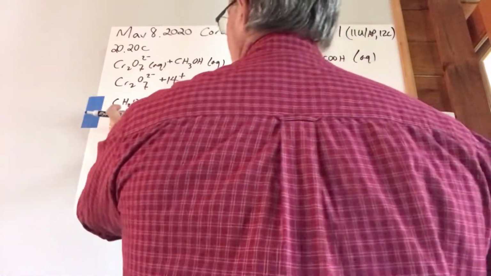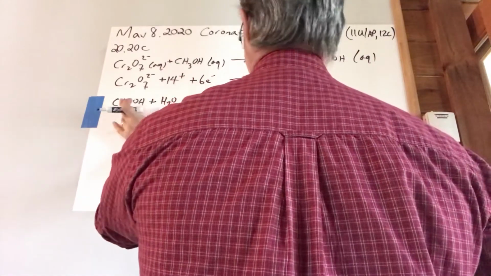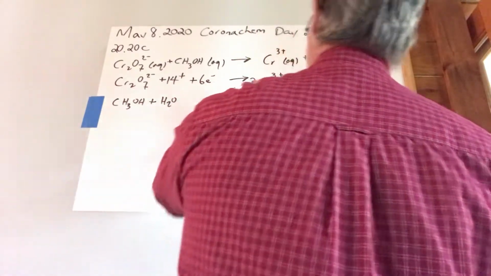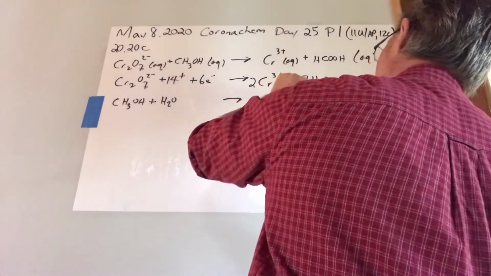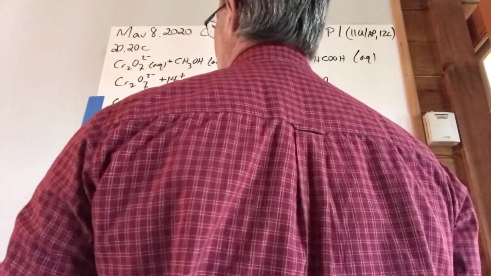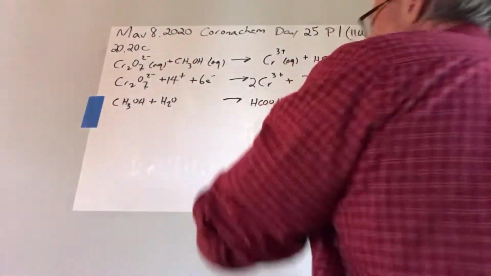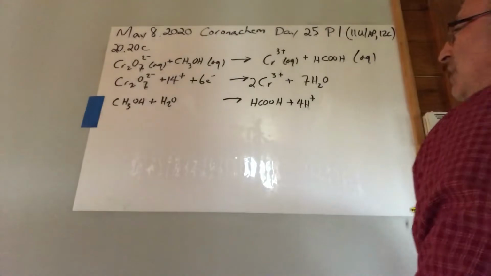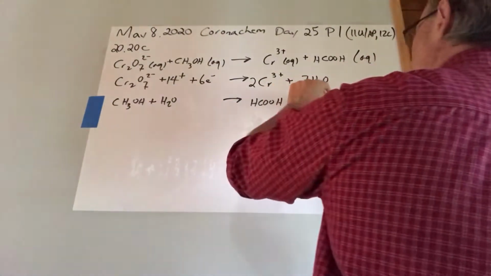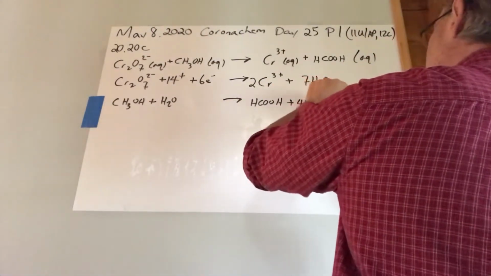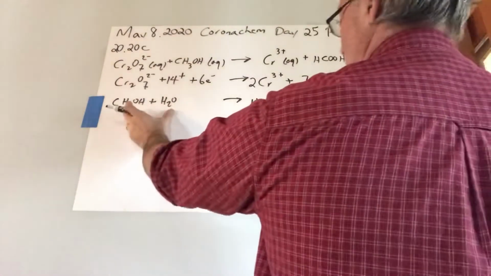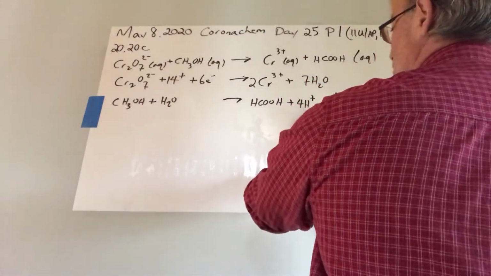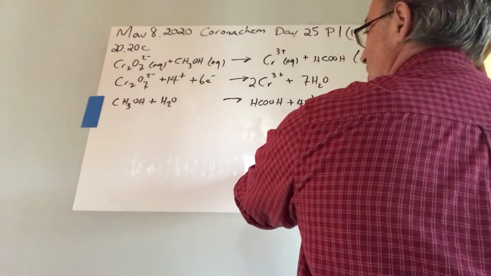Then you have 4 hydrogens plus 2 hydrogens. It's 6 hydrogens versus 2. So we're going to add 4 hydrogens on this side to balance it out. And then we're going to balance the charges. That's going to take 4 electrons to balance to the same charge on both sides. Because there's no charge on this side, there's a +4 on that side. So by adding 4 electrons, we balance it.